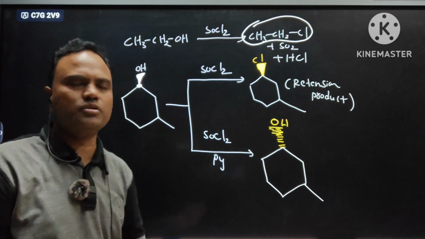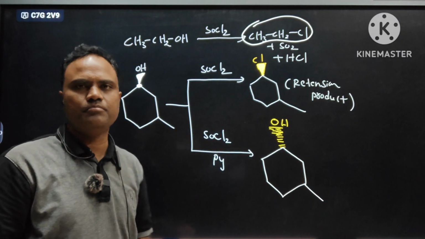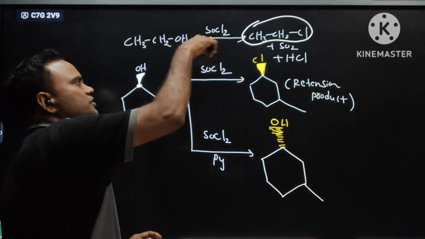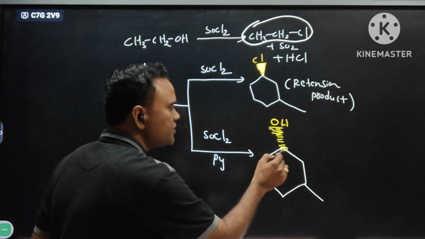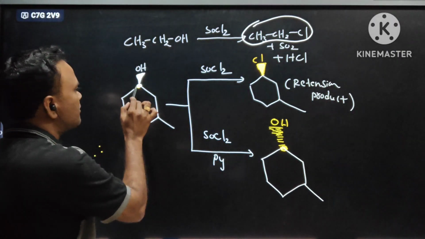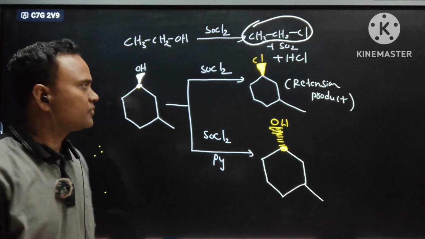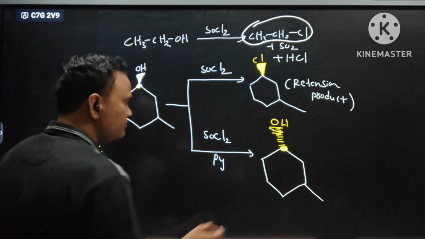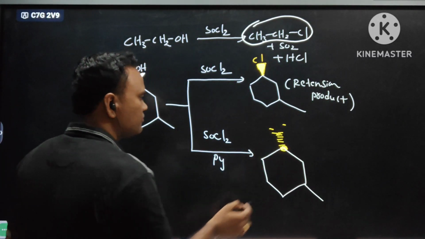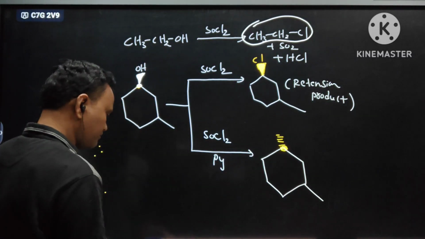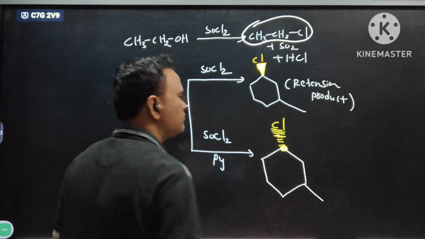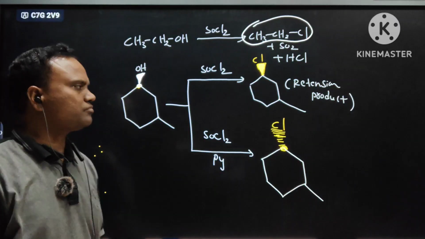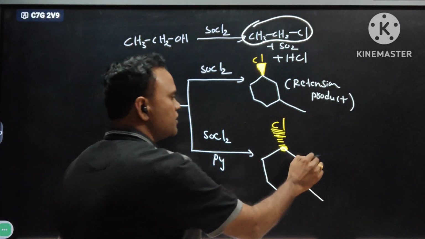Opposite, meaning back side to the board. Above and opposite. So this is inversion. See, the configuration is changed at this carbon. Here I have to write Cl, sorry. Clear? That is the meaning of inversion and retention.